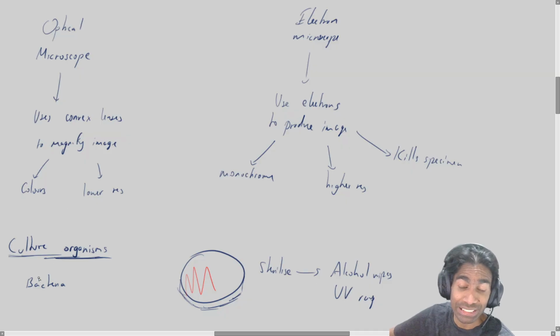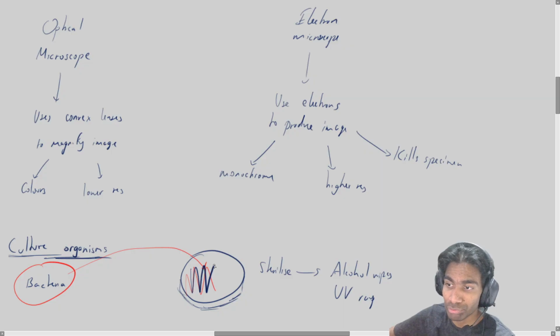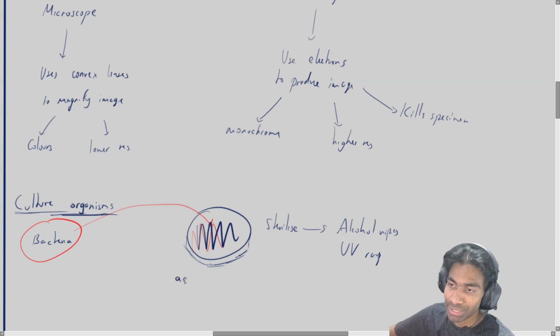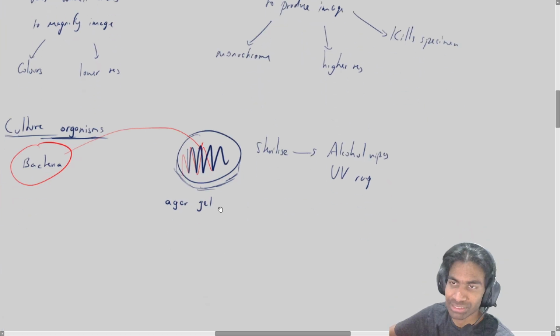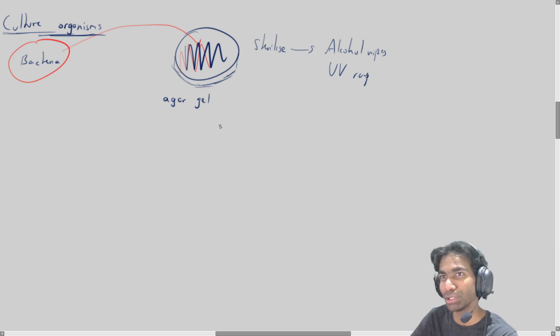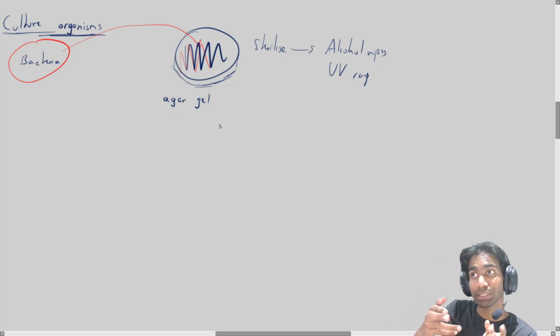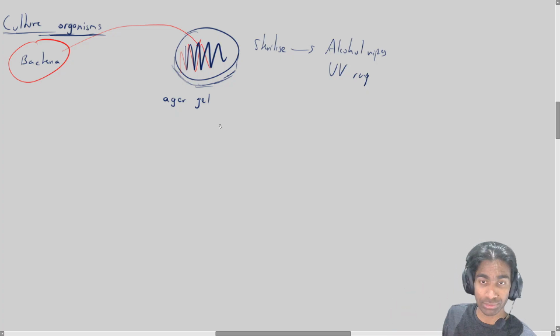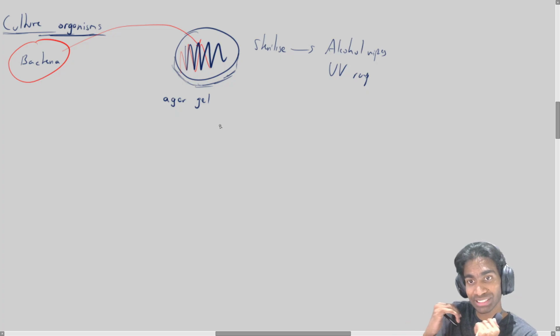What you can then do is introduce a single cell of that bacteria onto some kind of food for the bacteria to eat. For example, it could be agar gel. Agar gel is a type of jelly which has nutrients. It's a kind of broth for the bacteria to basically feed off of, right? You make the bacteria feed on this agar gel, and this will give you a single culture of nothing but that particular bacteria.